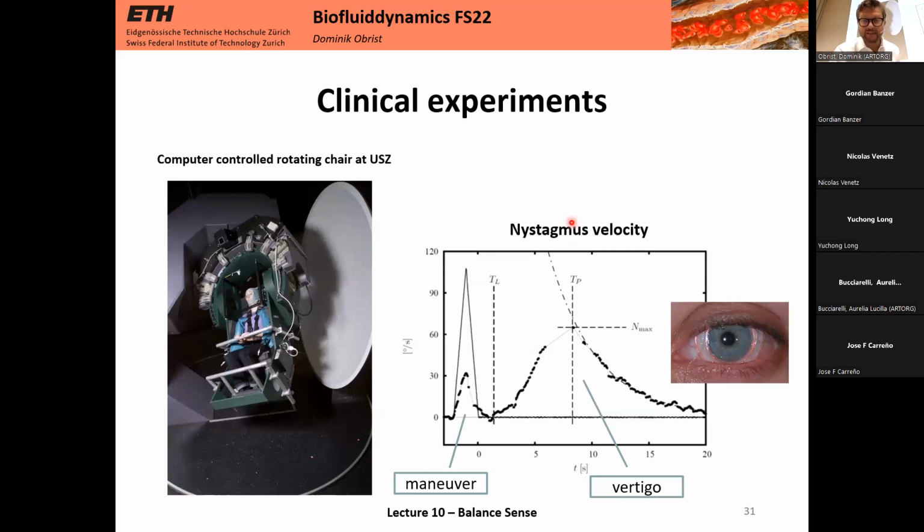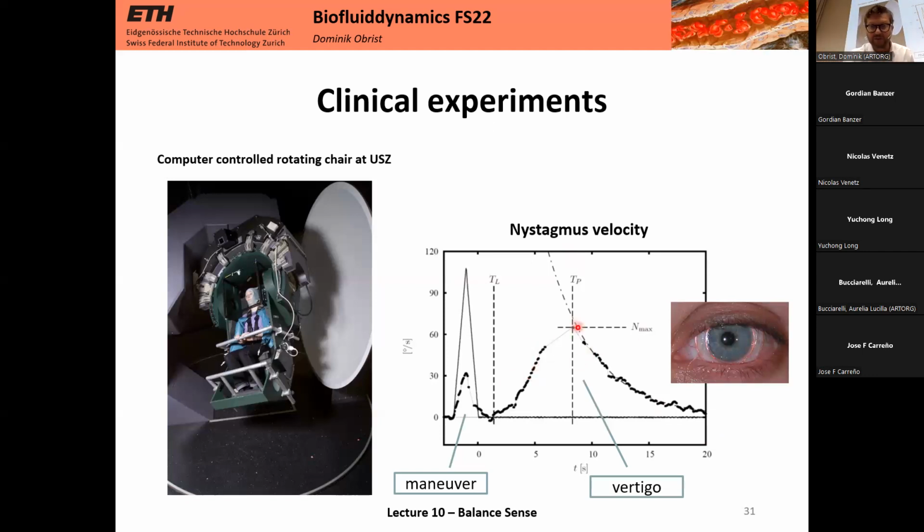We call this here nystagmus velocity. Nystagmus is what we call this compensating eye motion.